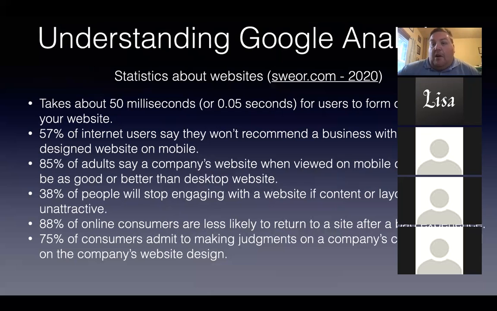Because think about how often people are now on smartphones or tablets and not using desktops. And there are analytics available where you can see what tools people are using to visit your website. Are they on a desktop? Are they on a smartphone? Or are they on a tablet? I'll show those later on.